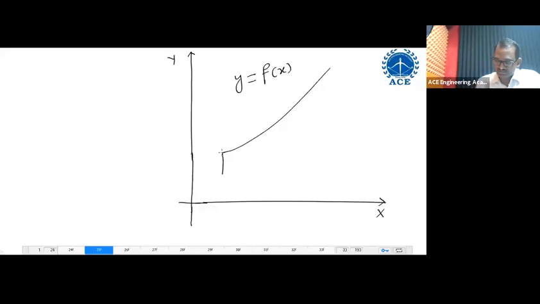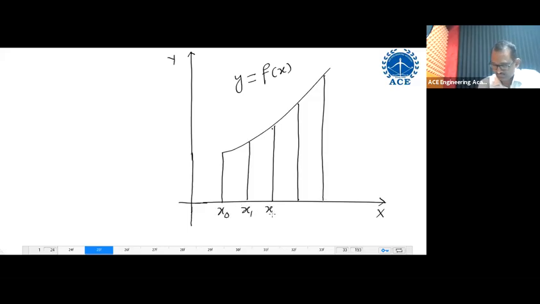As we discussed already, the solution of the differential equation must be split up into equal lengths of subintervals. This curve equation is the solution of the differential equation.